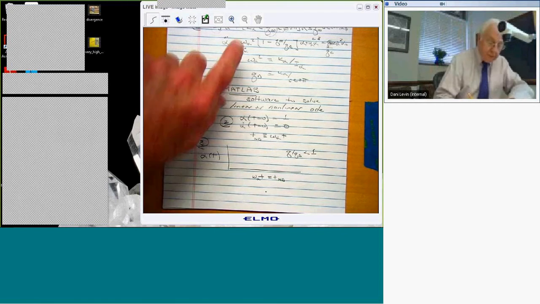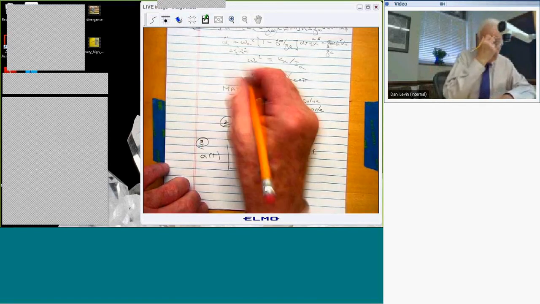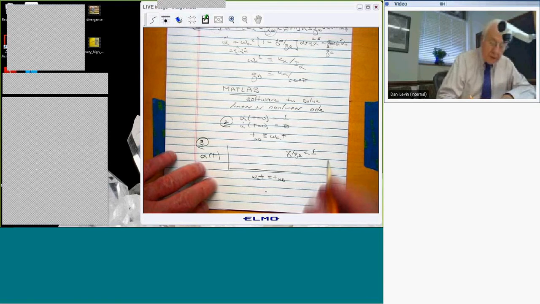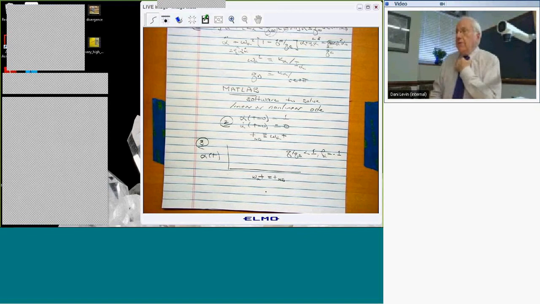Oh, I guess we have to select the zeta sub alpha too, right? So let's pick a nice zeta sub alpha. 0.1, actually that's a fairly large zeta sub alpha. But since I've done this problem before, I know if I pick a larger zeta sub alpha, the transients will be shorter and I won't have to integrate so long a time, right? So I'm cheating a little bit. If I pick it to be 0.01, the same sort of thing will happen. It'll just take longer for the solution to reach a steady state.